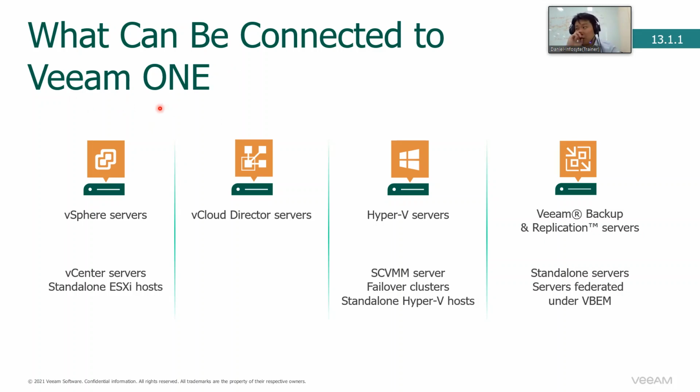Now, Veeam ONE is not only used for backup. In Veeam ONE, you are also able to add in a VMware environment, vCenter or ESXi, vCloud from VMware, or Hyper-V. After I add in these few platforms, Veeam ONE can also be used as a monitoring tool for VMware and Microsoft Hyper-V.